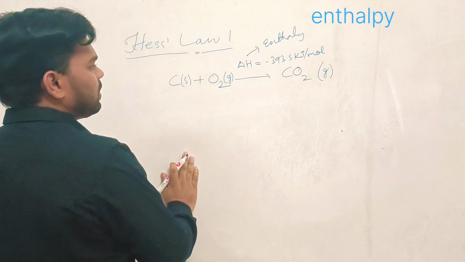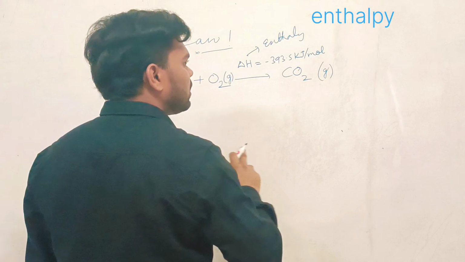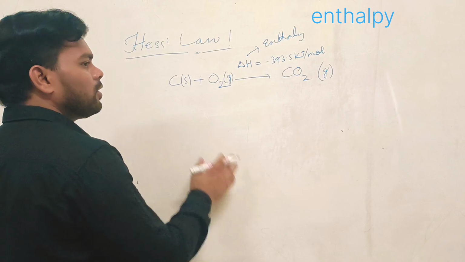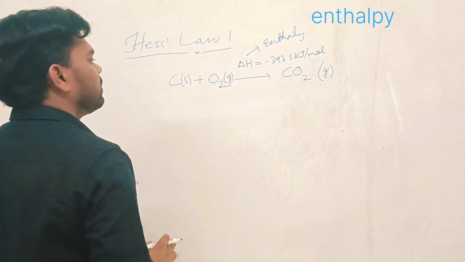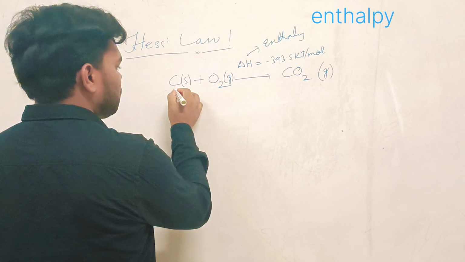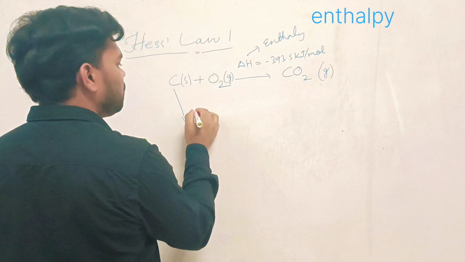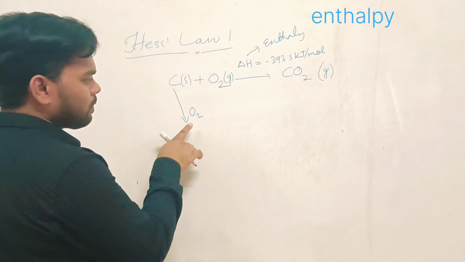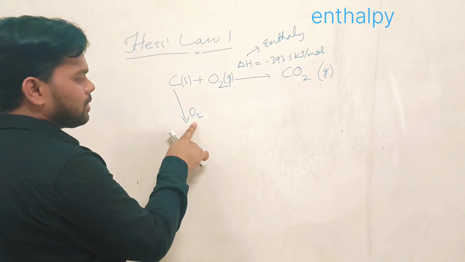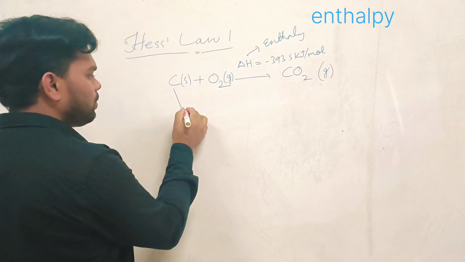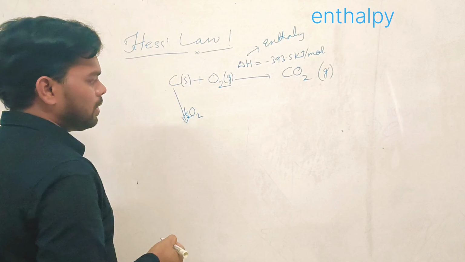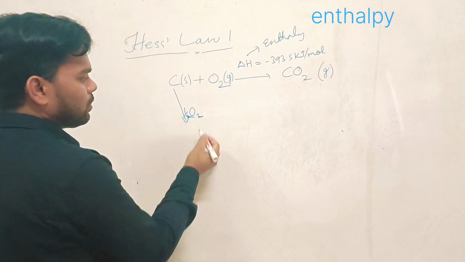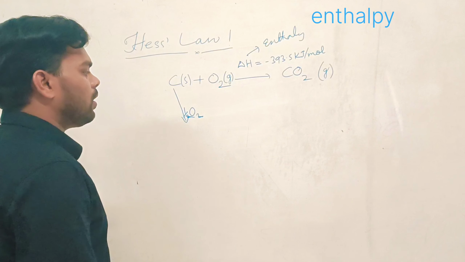However, if you go through multiple steps, then what do you have? This carbon needs to be added with one oxygen. This is oxygen in its standard state, so how can you make one? If you multiply by half, then it will become one, the 2 cancels out, so it will become oxygen.